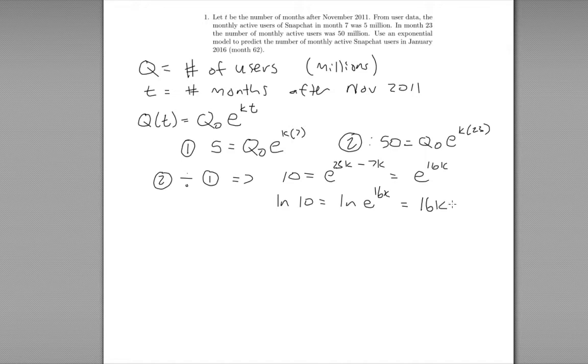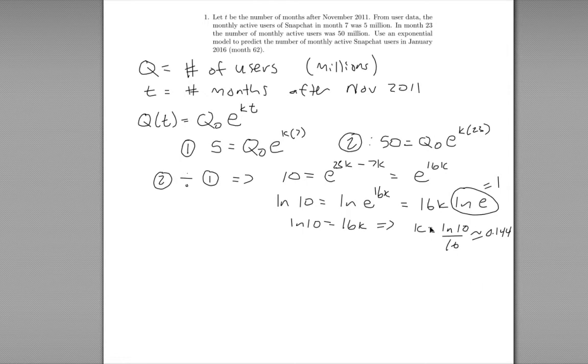So I have 16k times ln of just e, and ln e is just equal to 1. So my equation becomes ln 10 is equal to 16k, which I can rearrange to have that k is equal to ln 10 over 16, which is approximately 0.144.